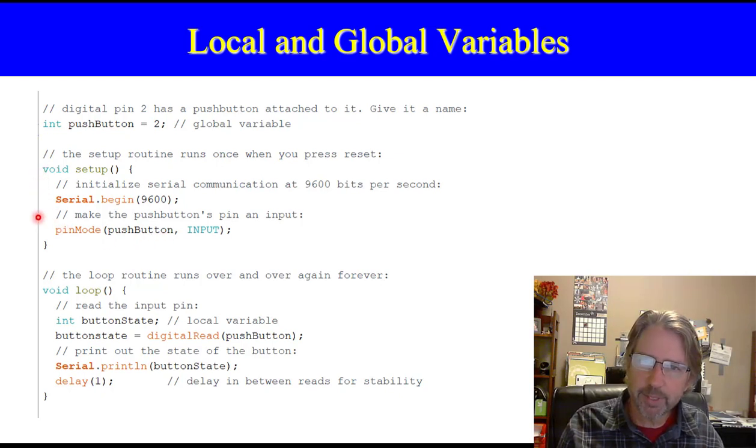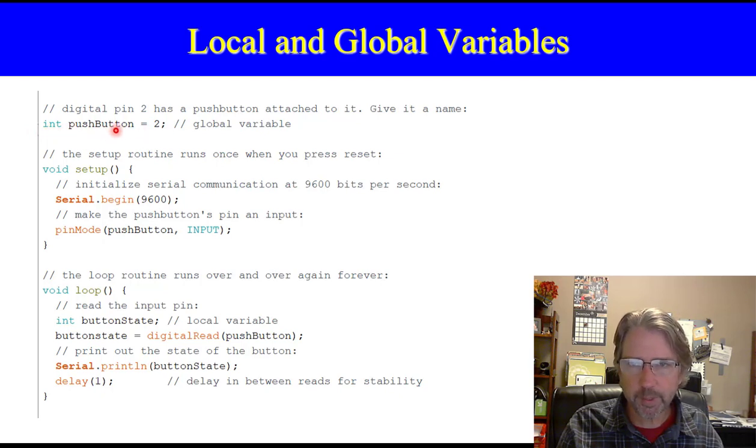So here's some examples of a program using both global and local variables. So again, we have the setup function and the loop function as part of our Arduino. We have to have those two functions in order to have an Arduino program. And here at the top, we've declared an integer, a whole number, 16 bits, named push button, and we can actually initialize it to have a value of 2.